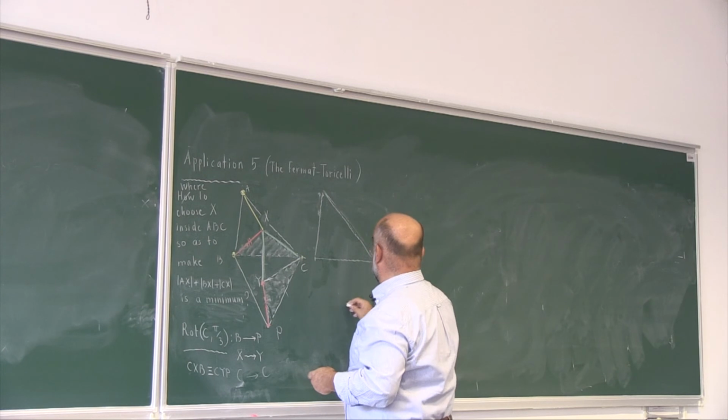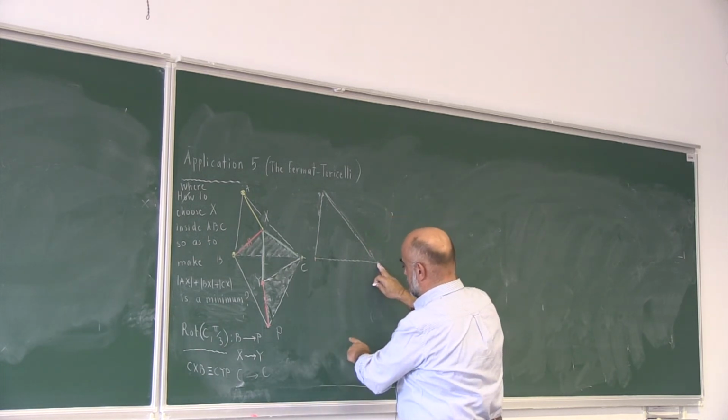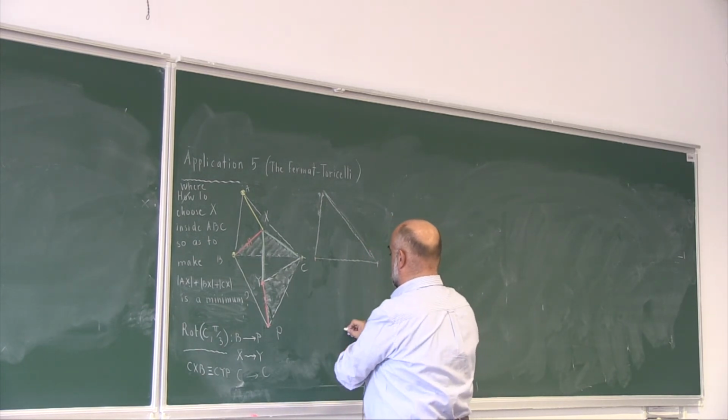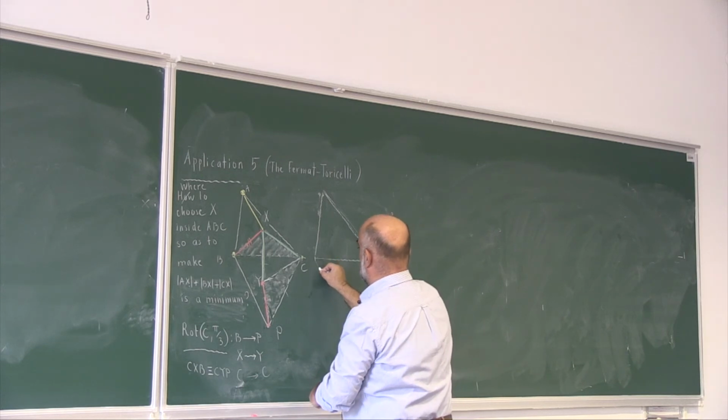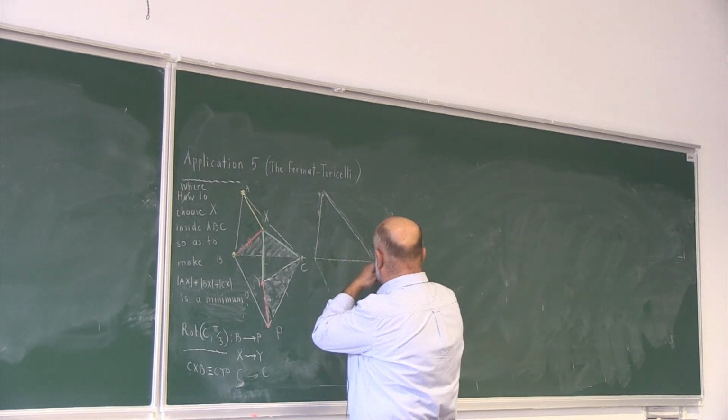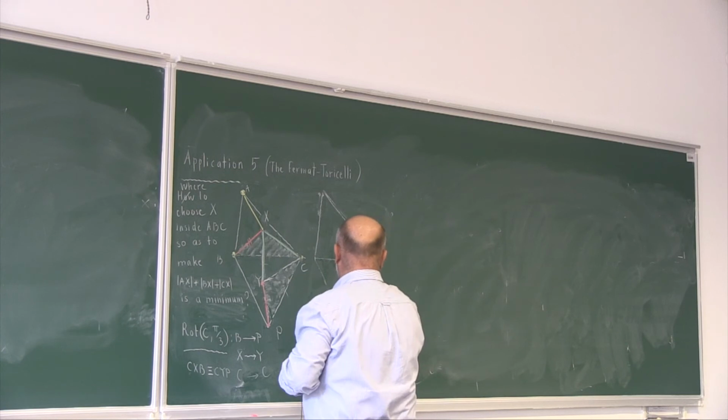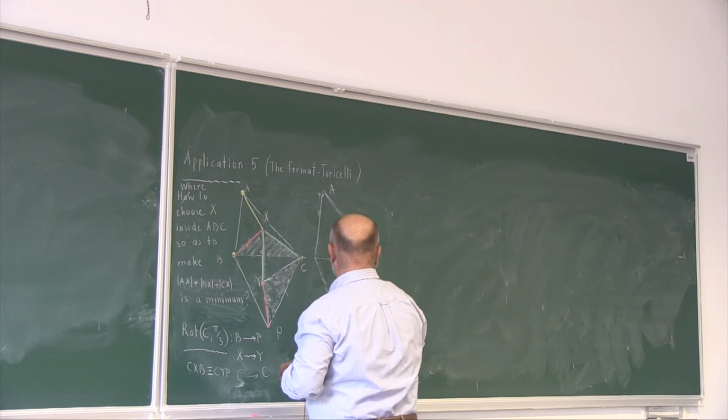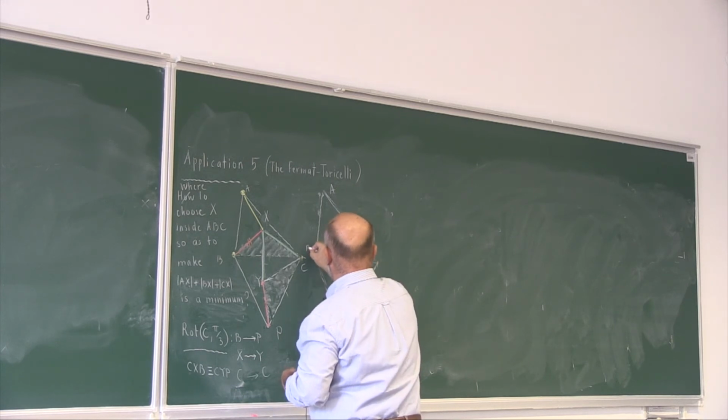And here let me rotate this about 60 degrees to obtain the point P. So that is the equilateral triangle, once again. So that's A, and that's P, and that's the point B, that's the point C.